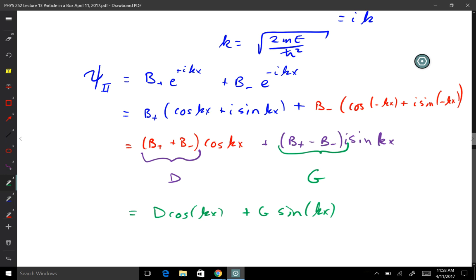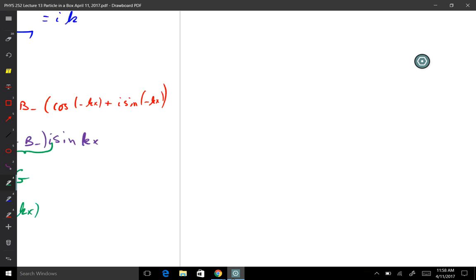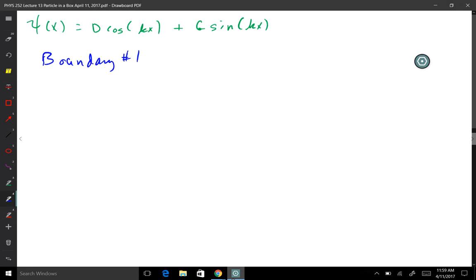Now let's look at our boundary conditions. So boundary number 1, x equals 0.